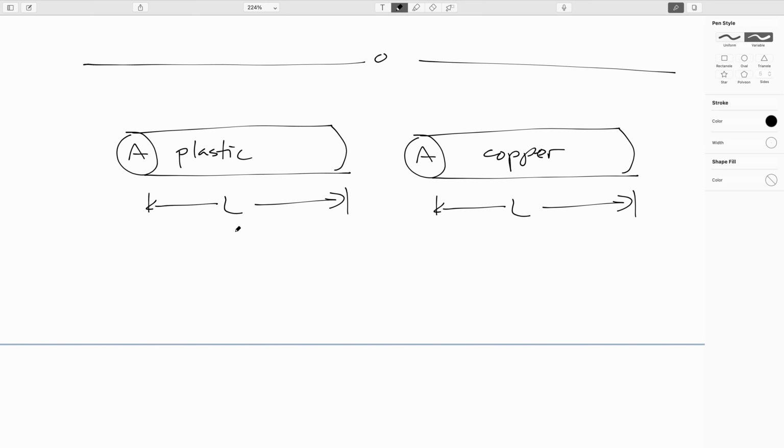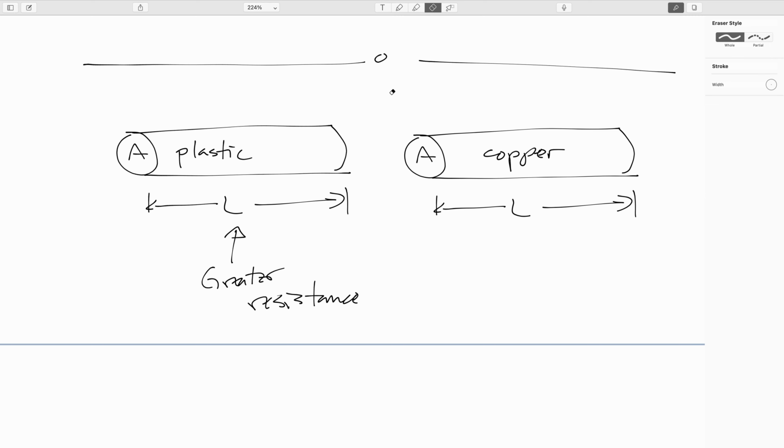So yeah, of course, the plastic will have the greater resistance. It's a lot harder to push electrons through plastic, so much so that plastics get used as insulating material.